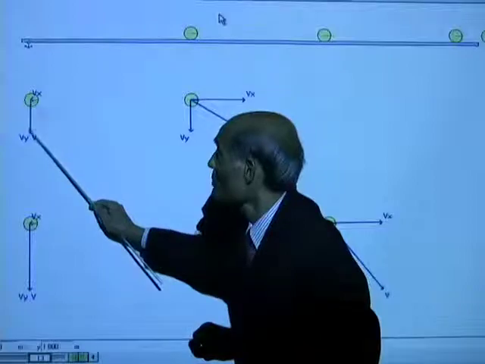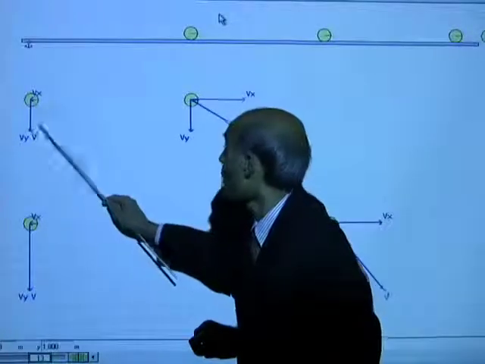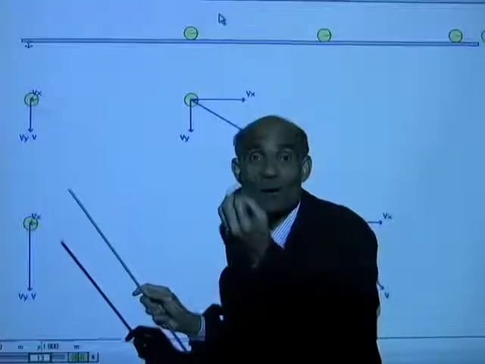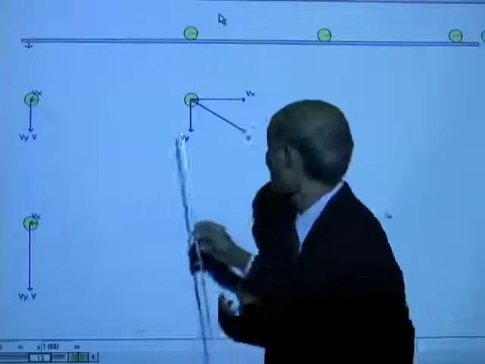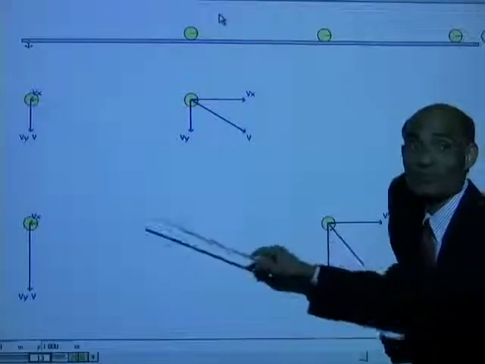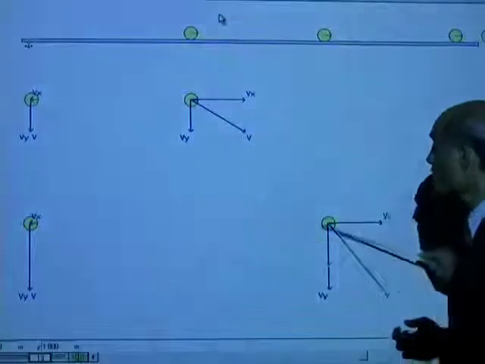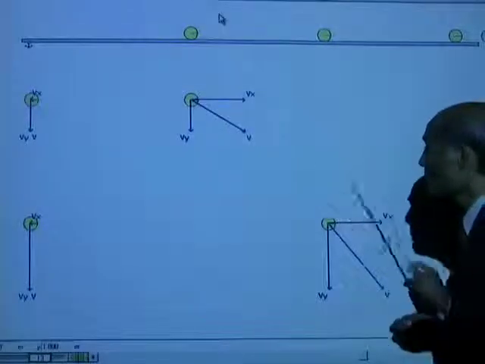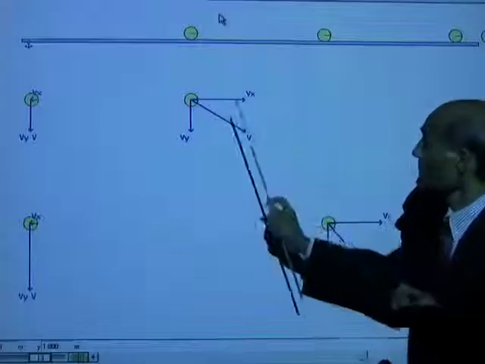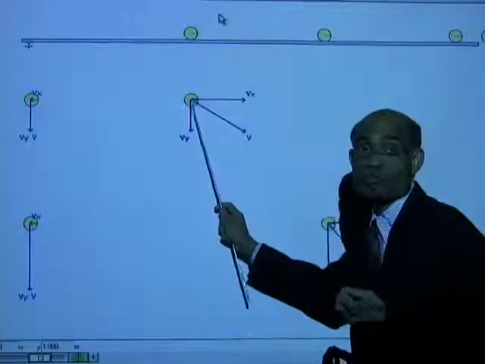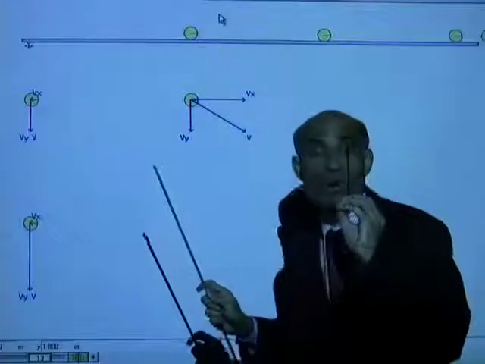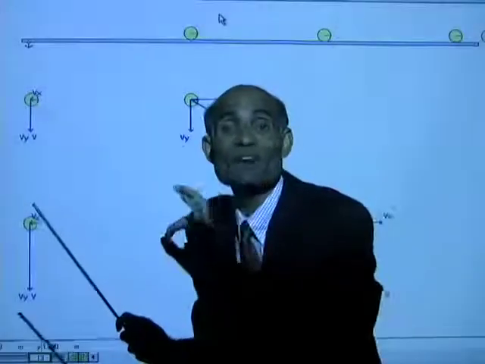Look at the vertical velocity of the dropped ball; it is exactly the same as the vertical velocity of the projected ball. Now, look at the position after 2 seconds. The vertical and horizontal positions are exactly the same. That means the horizontal and vertical motions of this projected ball are independent of each other.